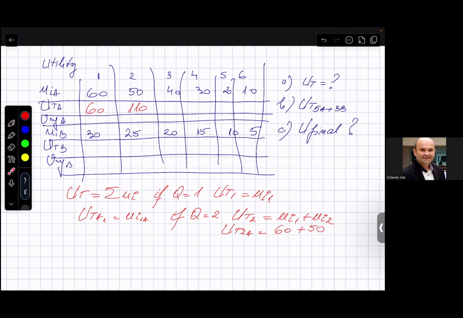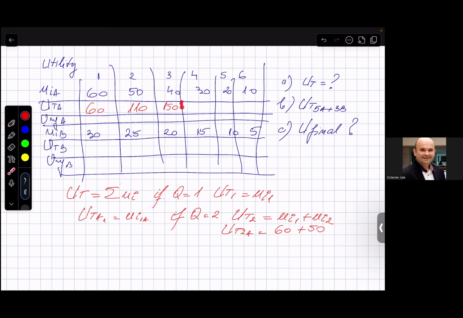Now, please check here where we have the quantities 1, 2, 3, and so on. If the quantity in consumption is 1, total utility equals the individual utility of the first. If the quantity in consumption is 2, total utility is the sum of the individual utilities of the first two. Total utility of 3 units means the sum of the individual utilities of the first 3: 60 plus 50 plus 40, in this case 150.